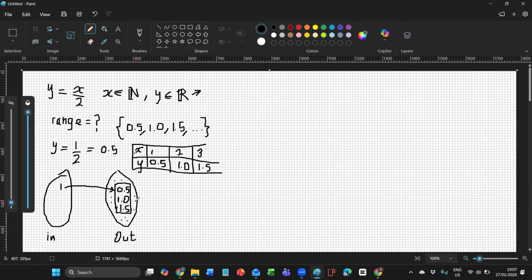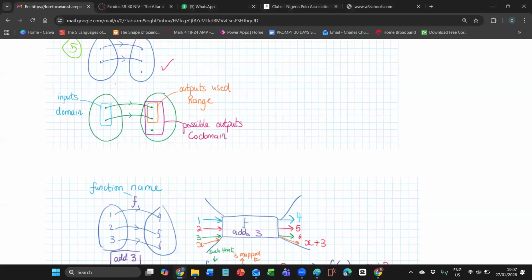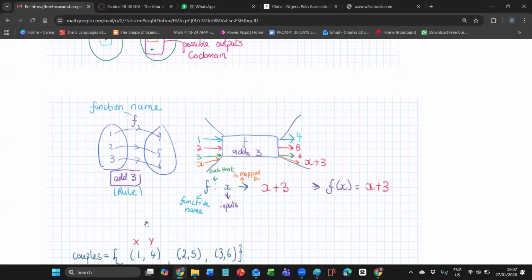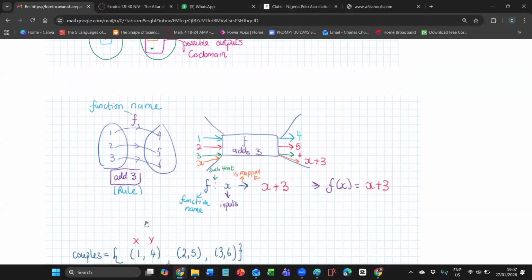Okay. All right. So let's go back to your notes. Okay. So I think this is an example. So let's consider this her own example. This is a very simple function, x plus 3.